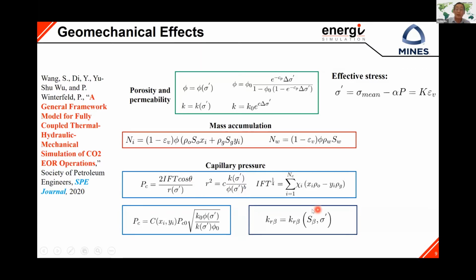Recent studies also show relative permeability is affected by stress. Here is a citation of one journal publication, still under revision, that will be published soon on some of the formulation.